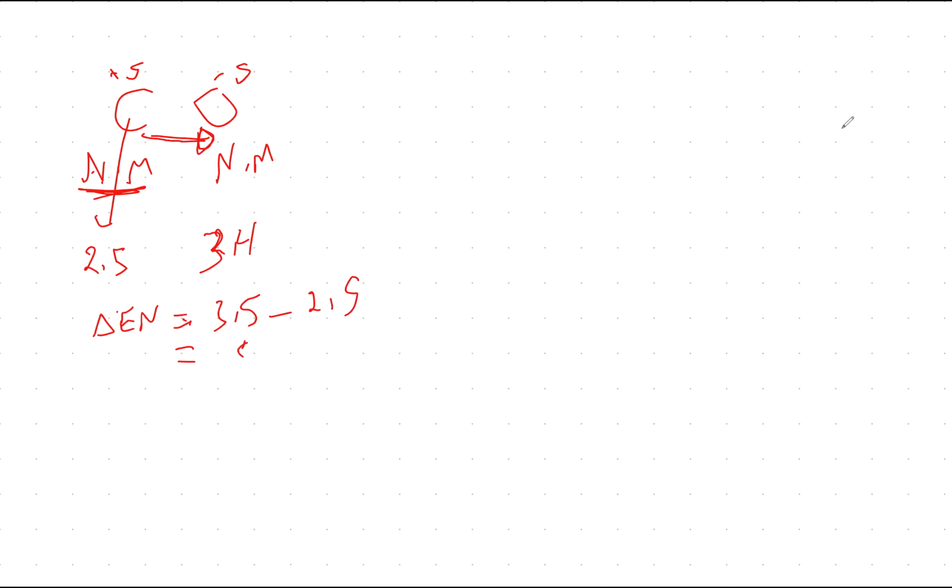So now it's 0.9. What then? It's called a polar covalent bond. Why? Because it's not less than 0.5 and it's not more than 1.9. Instead of saying it this way, we say because it's between 0.5 and 1.9. It's in between. Okay.